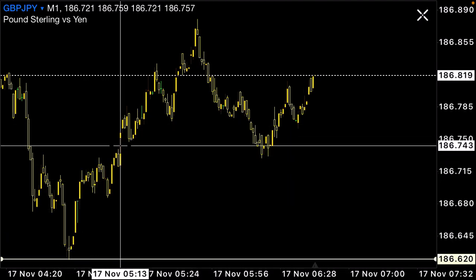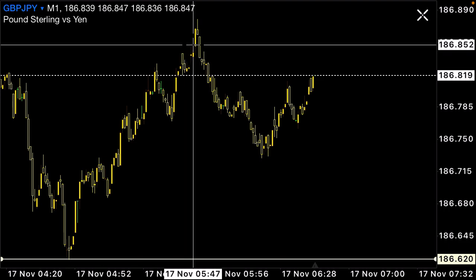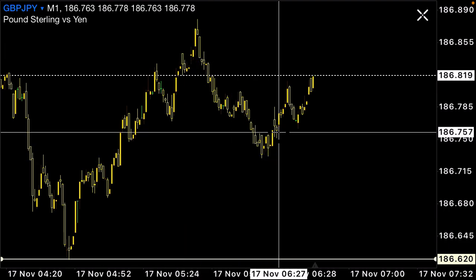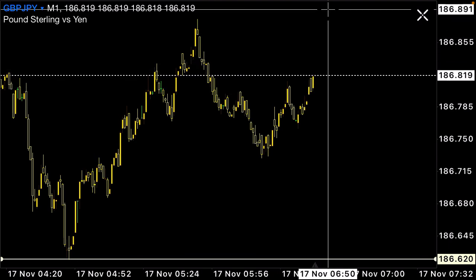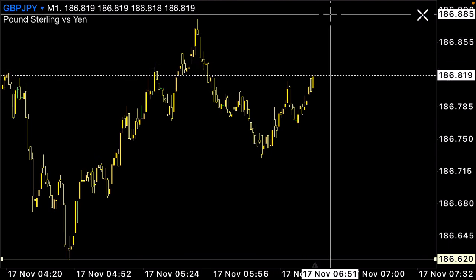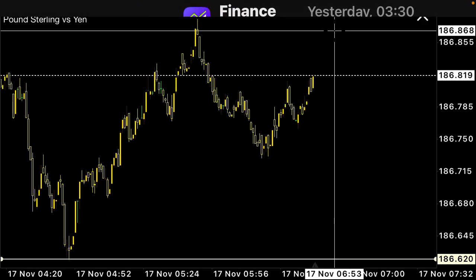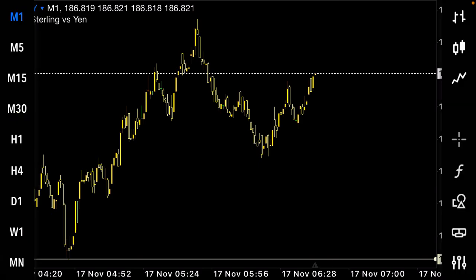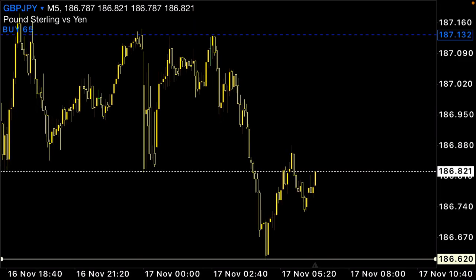So here it came all the way up, and then it came all the way down. Then on a larger picture, it could be wanting to go all the way up to there and then come down. So go to the next time frame on the 5 minute. It'll give more picture on that.